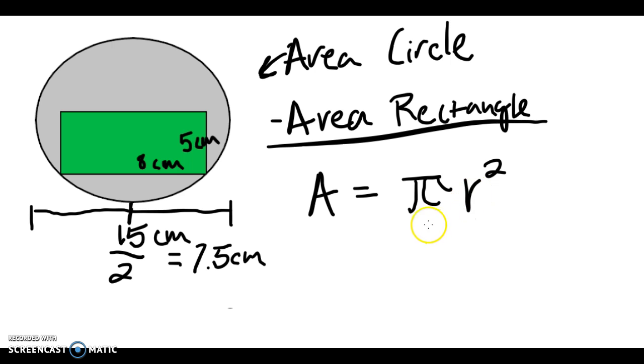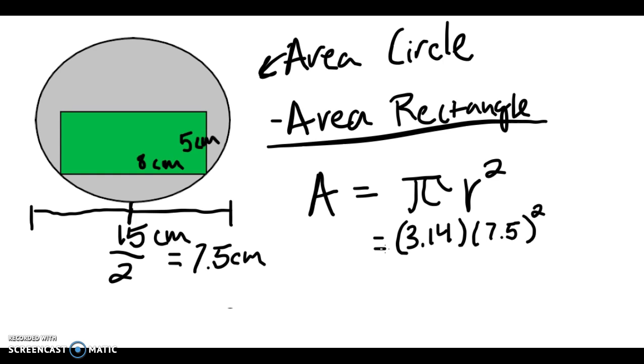So we can stick in what we know: 3.14 times 7.5 up to the second power. And if you do that calculation, let me get out my calculator real fast. These formulas come in really handy.